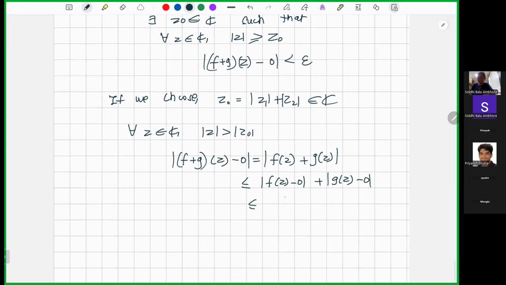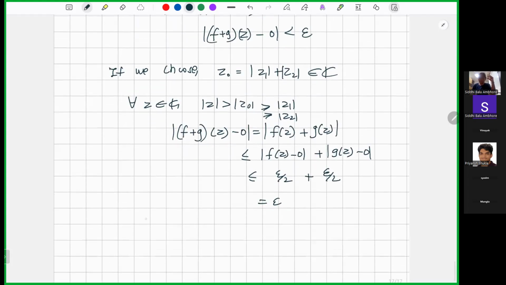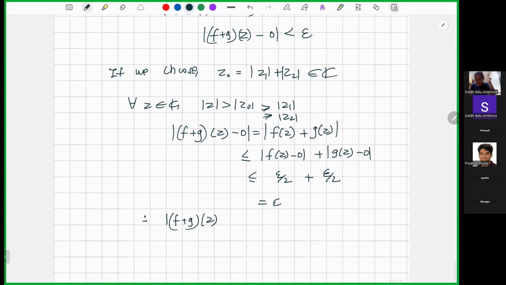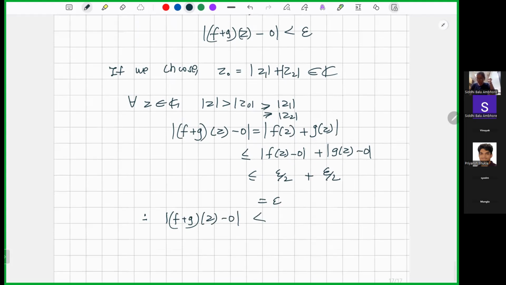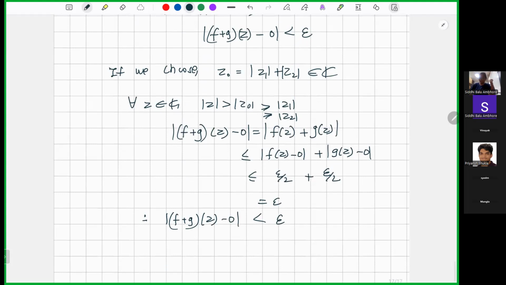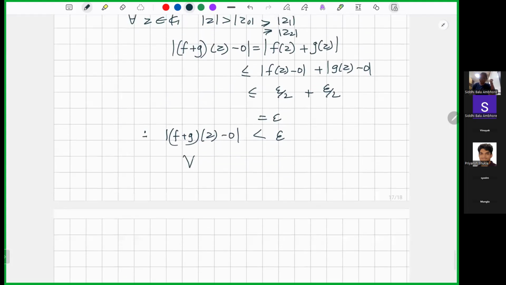And now this is less than or equal to |f(z) - 0| plus |g(z) - 0|. And now this is less than epsilon by 2 plus epsilon by 2, because this is anyway greater than or equal to |z1| and greater than or equal to |z2|. So the first and second are both satisfied. So this is equal to epsilon. Therefore |(f+g)(z) - 0| is less than epsilon for all z in C with |z| greater than or equal to the z naught which we chose.